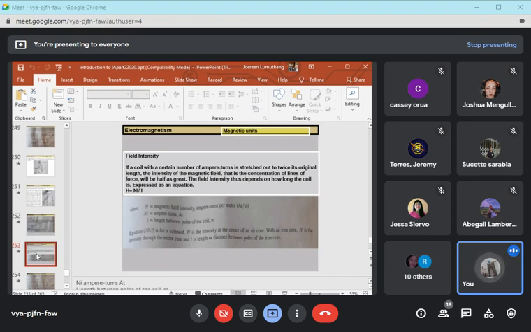Expressed as an equation, H, the magnetic field intensity, equals Ni over L, where N is the number of turns, I is the current, and L is the length between poles of the coil.